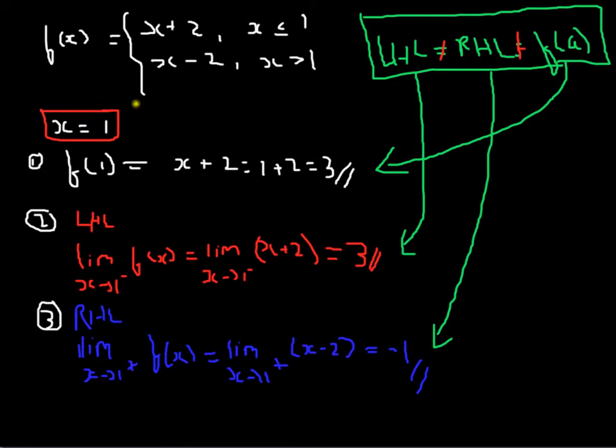Okay, so if we actually want to draw the graph of this particular function, then let me just clear this for you. If we want to draw the graph of this given function, we need to draw it like this. I'm really bad at drawing graphs.